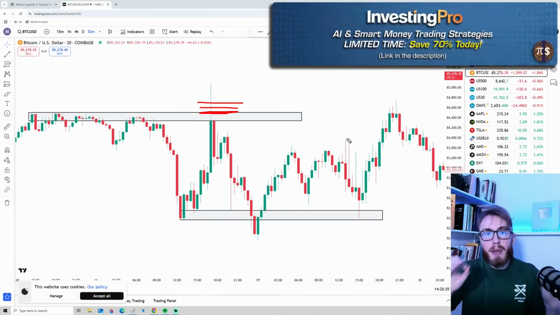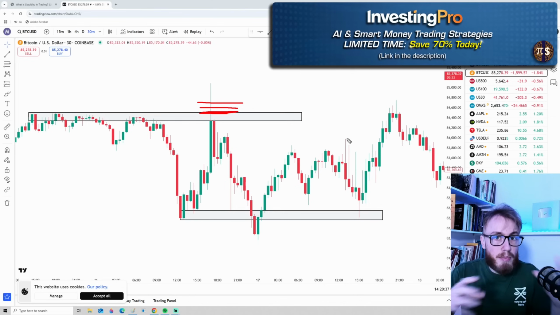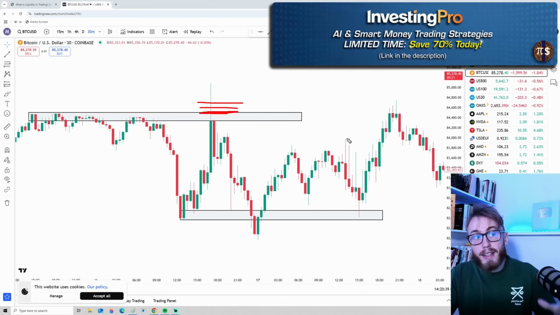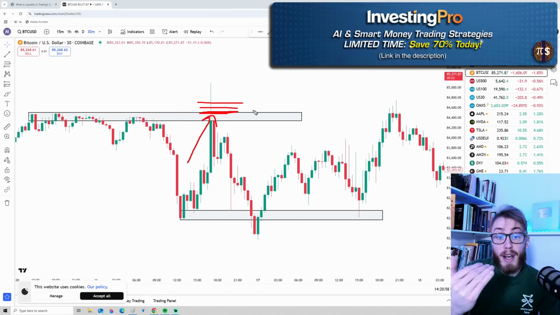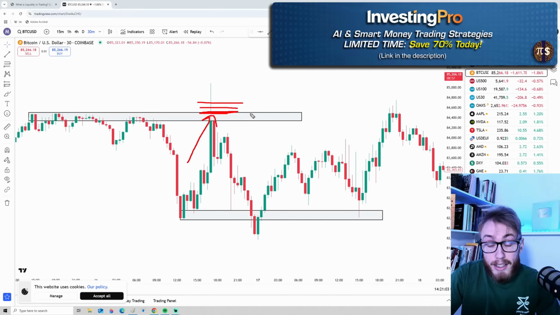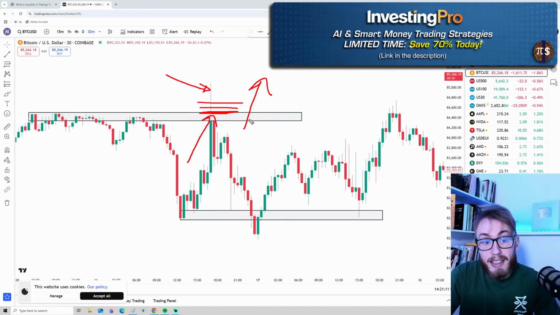And this is actually very important because this is what the smart players will use when they perform their liquidity grab. So what smart money do here is that they push the price up into these stop losses. And what happens when the stop losses of short players trigger? Well, the short players have to buy back, which leads to the price going even higher. And as we can see, this is exactly what happened with this wick right here.